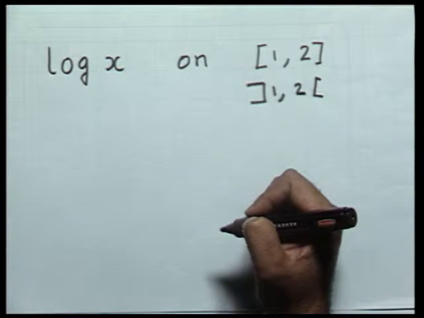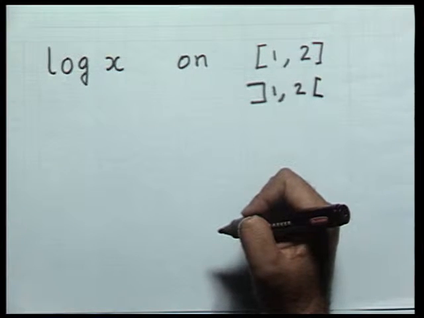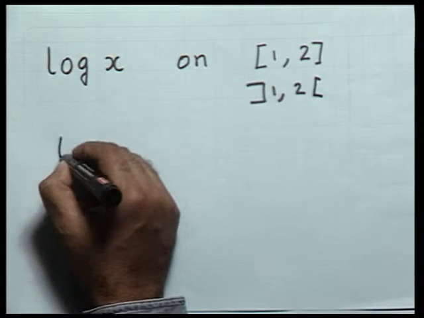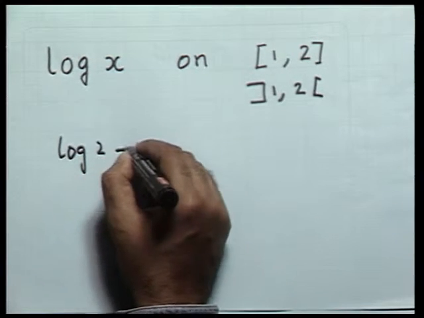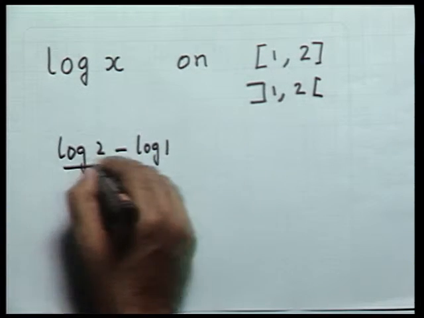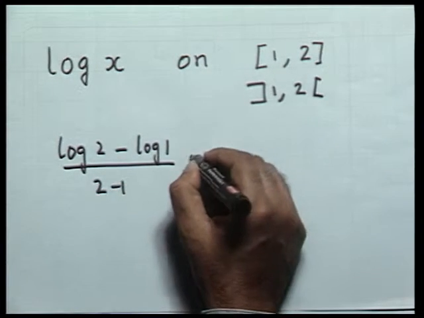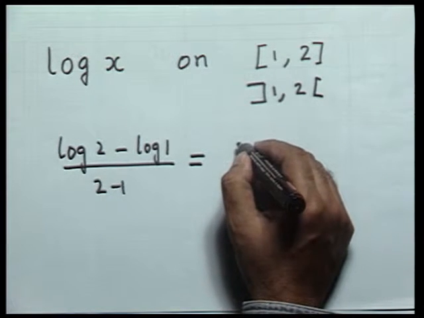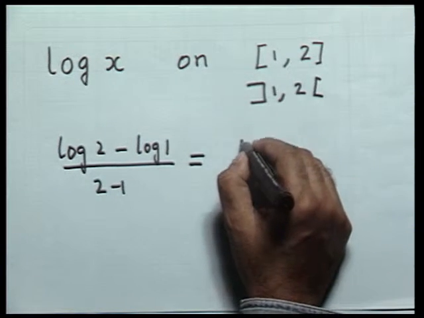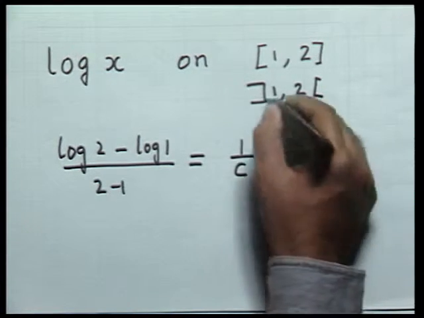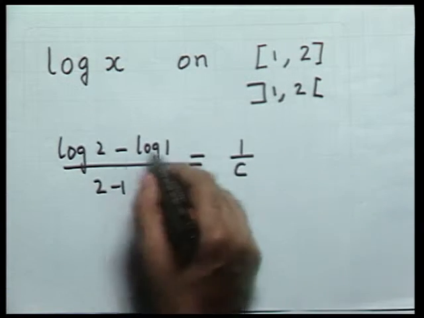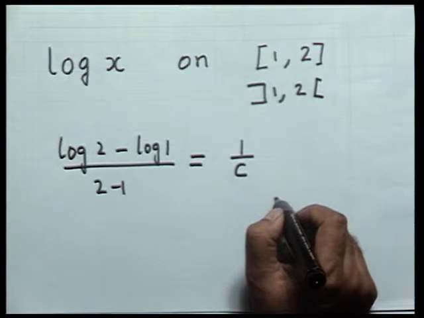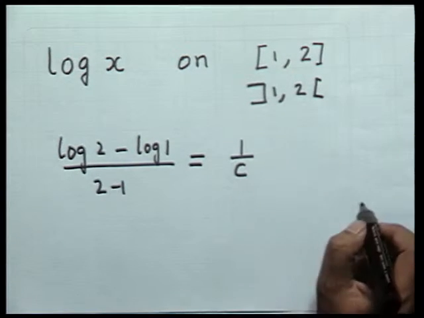And so, by the mean value theorem, there will be a point C inside the open interval 1, 2 such that (log 2 minus log 1) divided by (2 minus 1) will be equal to the derivative of the function. The derivative of log x is 1 by x. So, there will be a C in the open interval 1, 2 such that (log 2 minus log 1) by (2 minus 1) will be equal to 1 upon C. This is ensured by the mean value theorem.